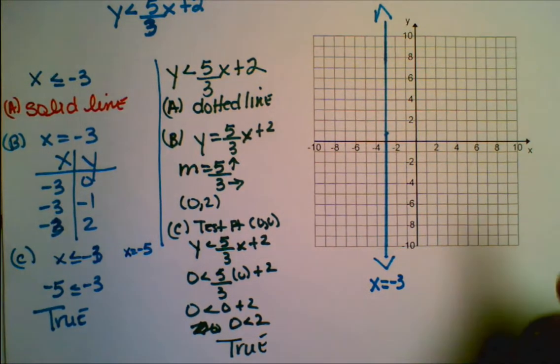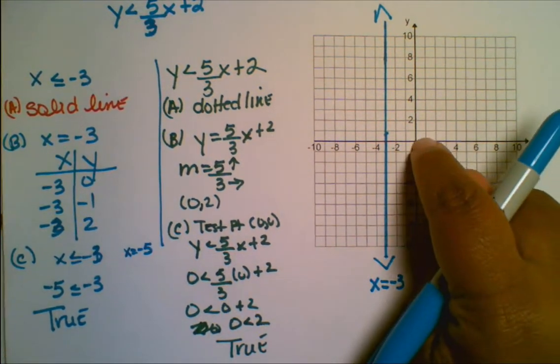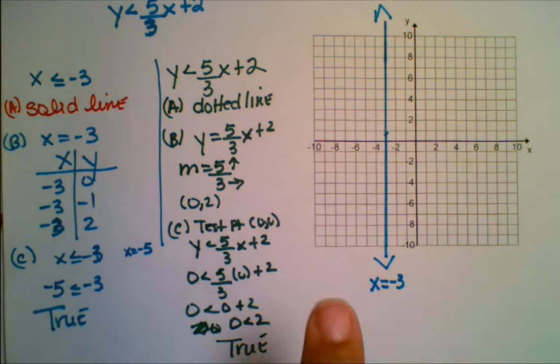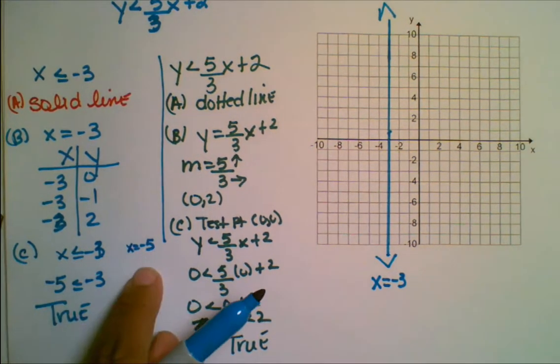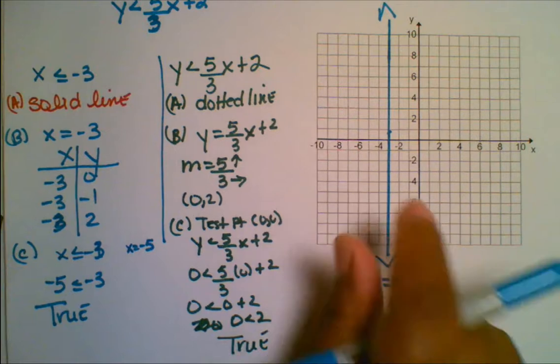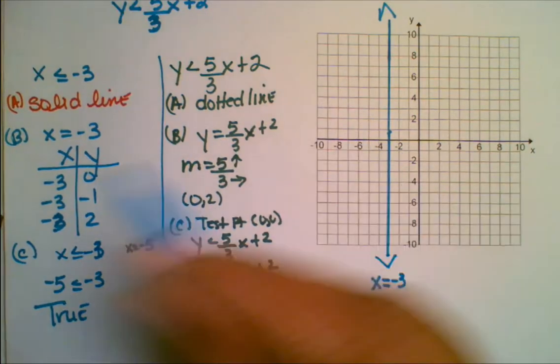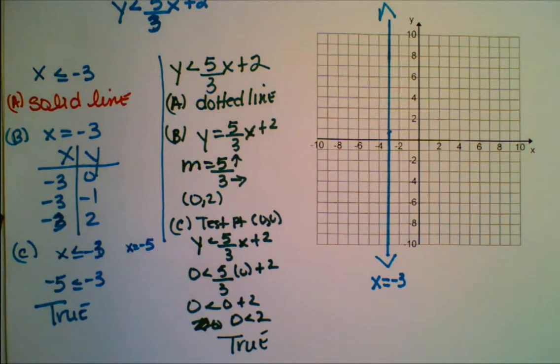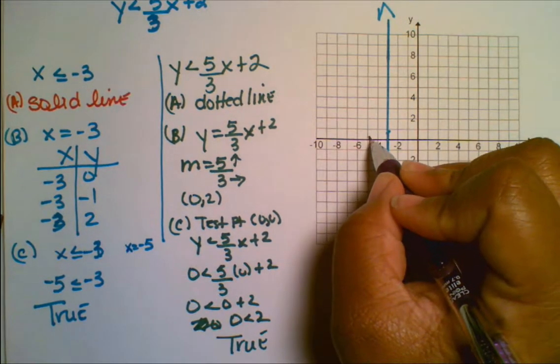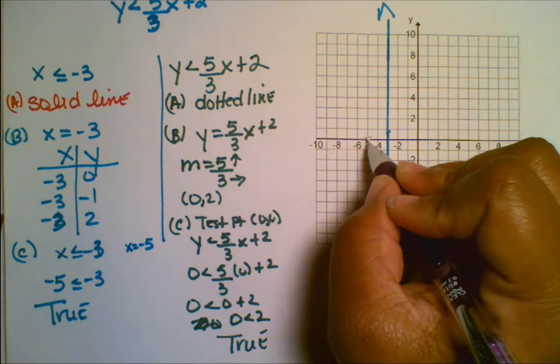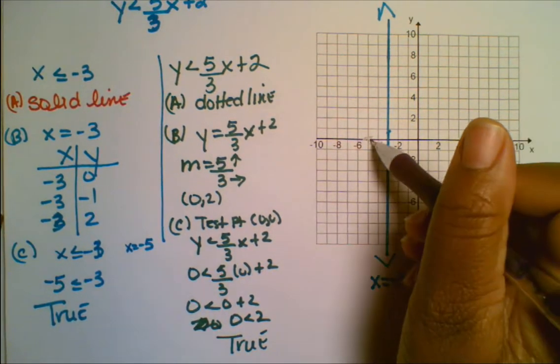Now, our test point is at -5 on the x-axis. Here is -5 right here. I'm going to put a small t here. What this is saying is that right here at -5 is true.